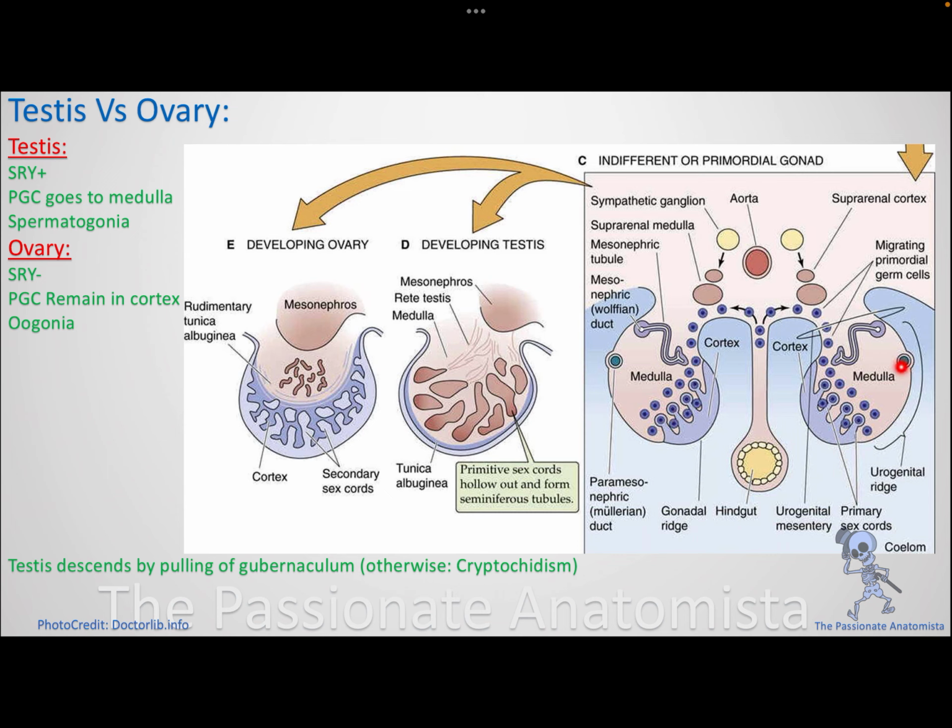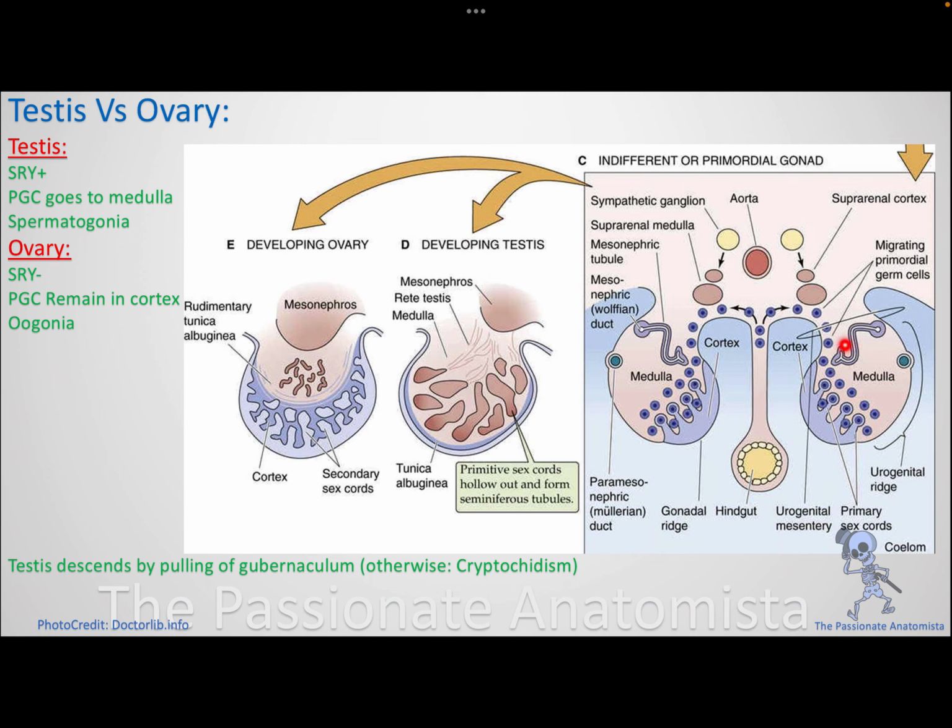Now, if you look laterally in the intermediate mesoderm, can you see this green color? This is going to be the paramesonephric ducts. Remember that when we said this is the urogenital ridge, we said that we have the nephrogenic cord, and the nephrogenic cord gives you pronephros, mesonephros, and metanephros.